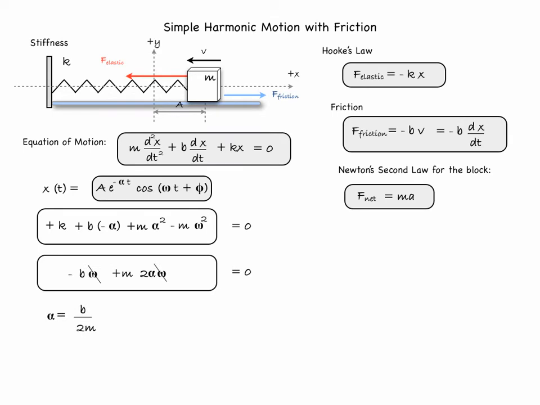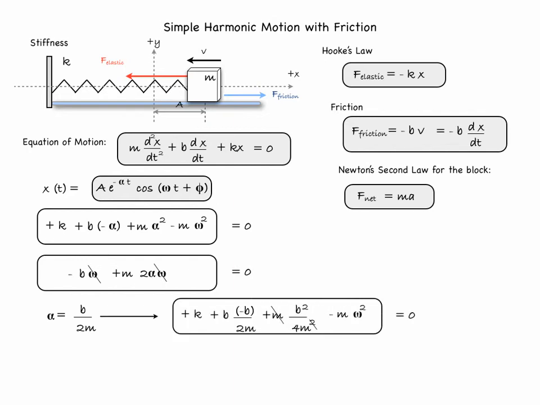After cancelling omega, the second equation gives us that alpha must be equal to b over 2m. With that value, we go to the first equation, and after a few more algebraic manipulations, we get that omega must be equal to the square root of k over m minus b squared over 2m squared.